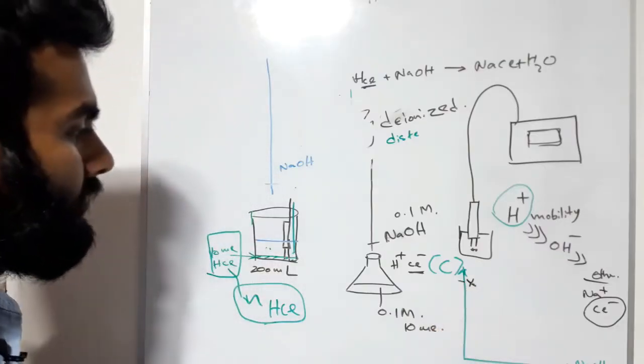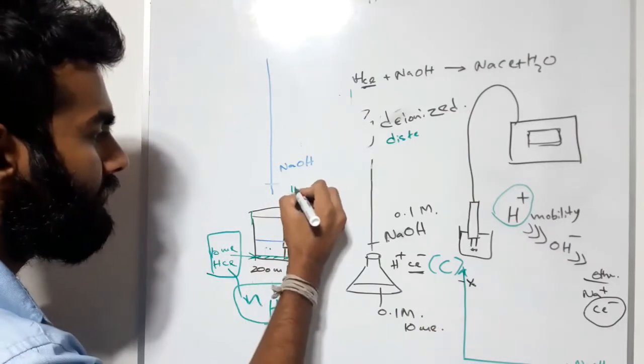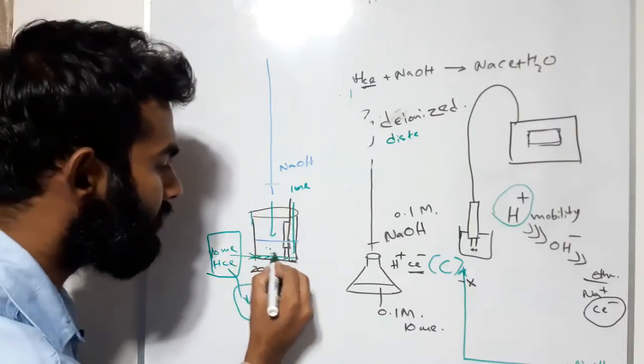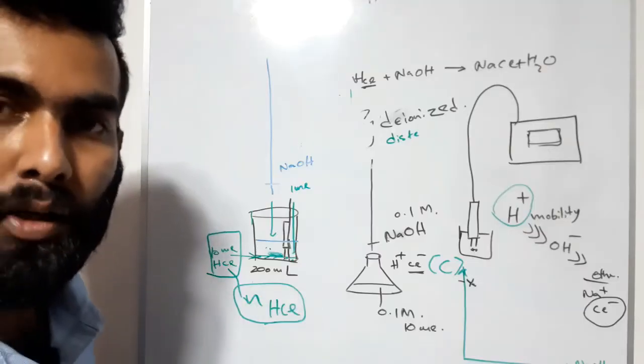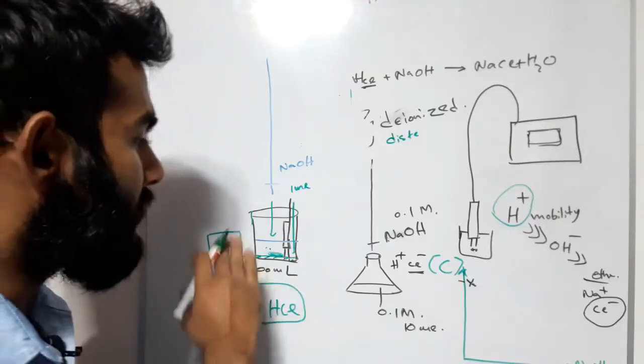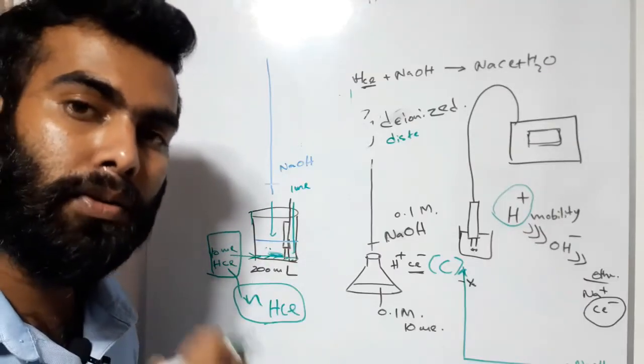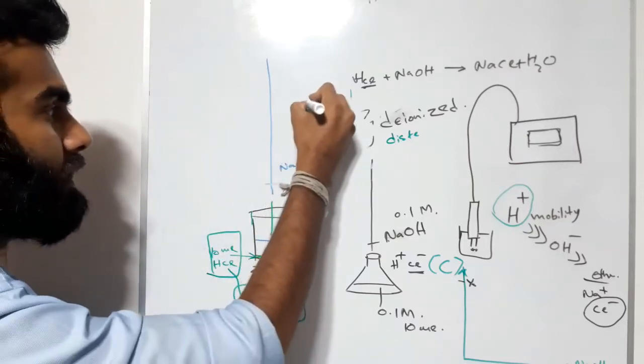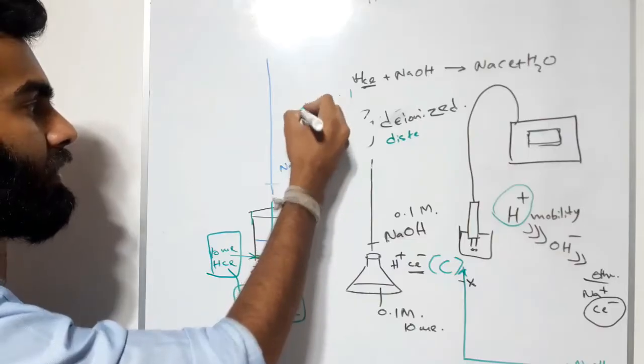We add 1 ml of NaOH into this solution and we will stir very well. We have to mix very well to get a homogeneous solution, so the reaction will happen and the mixture will be uniform. So we will use a magnetic stirrer.